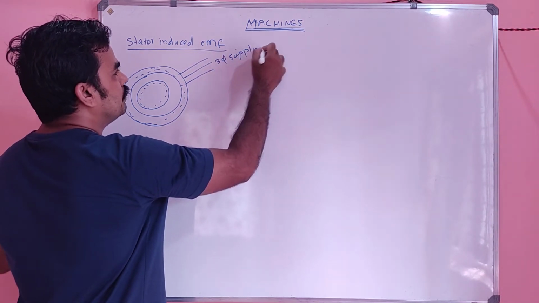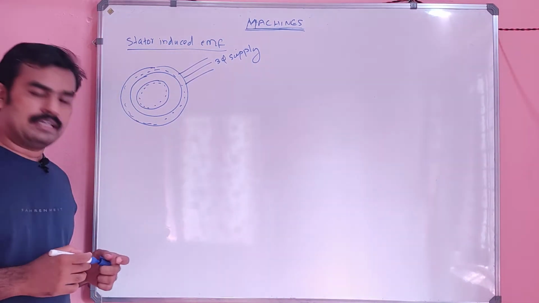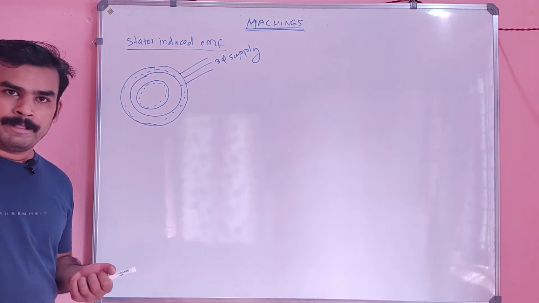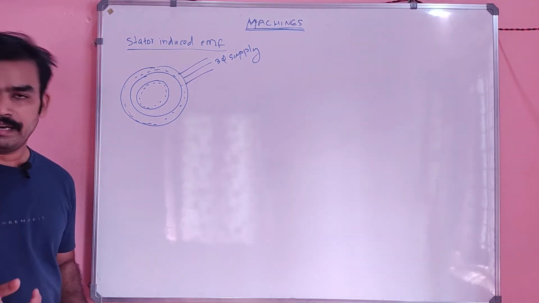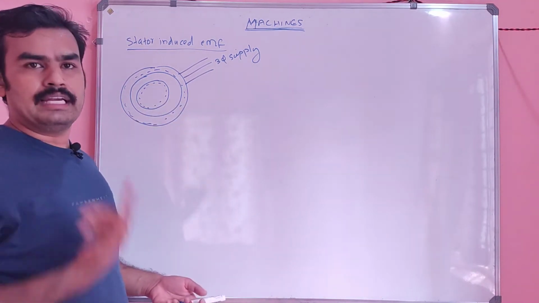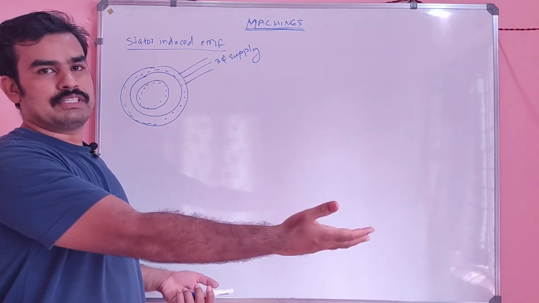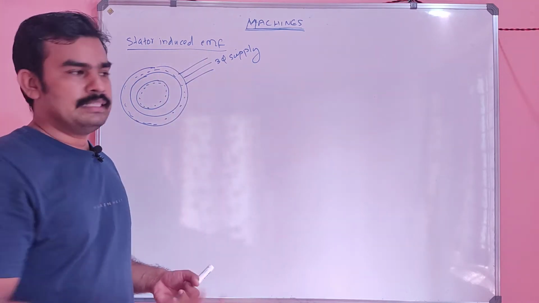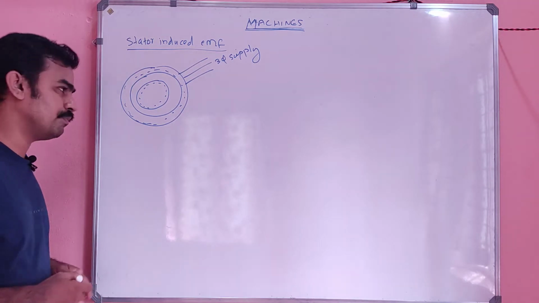Since it is a winding and we are giving an alternating voltage to the stator supply, definitely there is a chance of producing a back EMF from the winding side, right? Whenever we give AC to a coiled winding, due to the varying magnetic field there is a chance of self-induced EMF in the winding itself. That is called the back EMF.